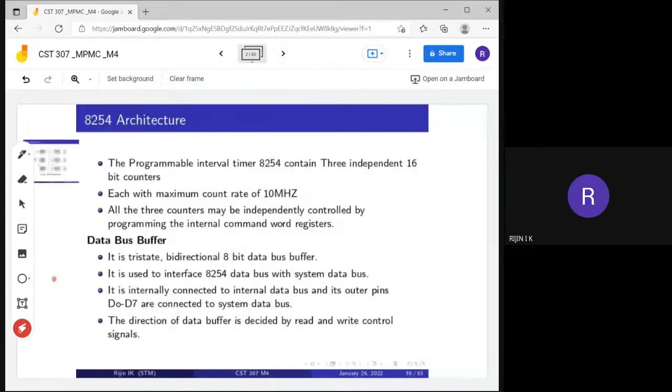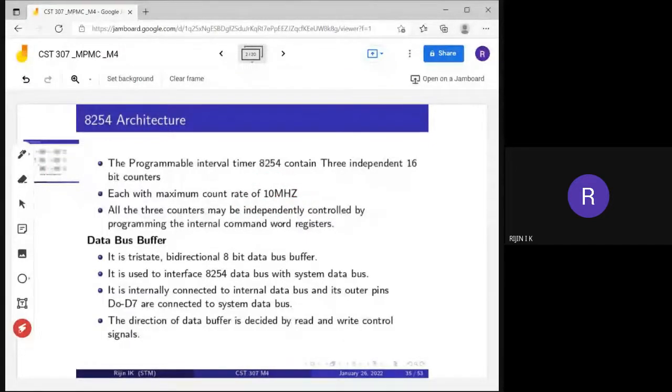So, the programmable interval timer, as I said, has three independent 16-bit counters, and the maximum count rate of each is 10 megahertz. The maximum count rate of the 8254 IC is 10 megahertz.